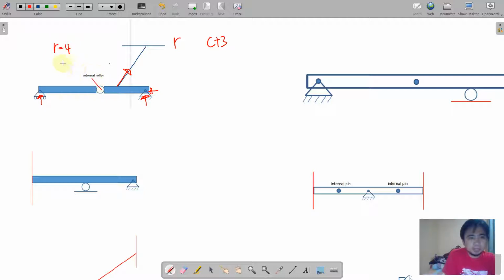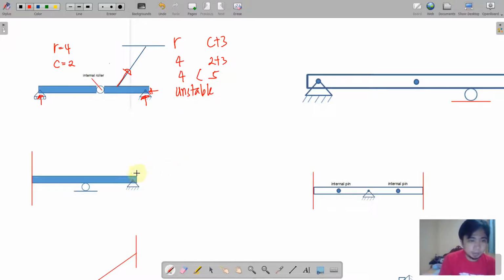For our C, the coefficient of internal reaction, for internal roller we will use 2. So by this, R is 2 plus 3, and then we have 4 is less than 5. So if this is the case, we will conclude that this is unstable.